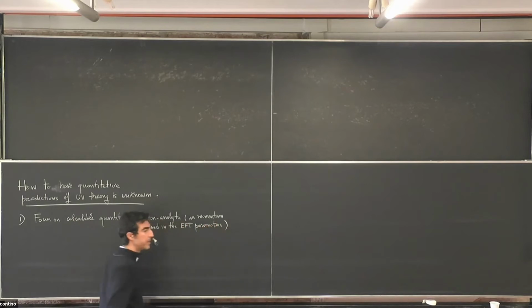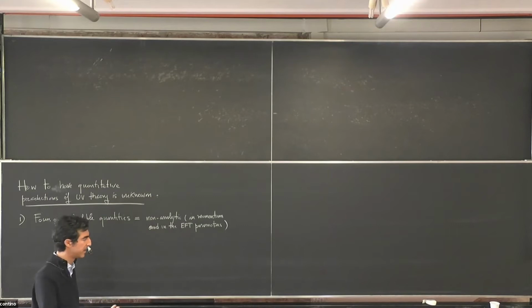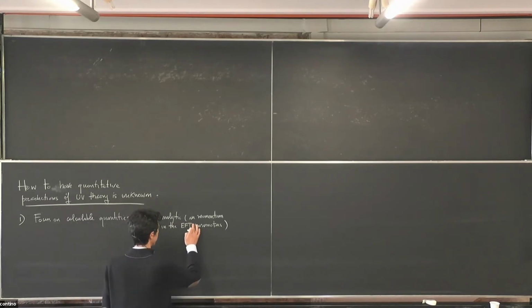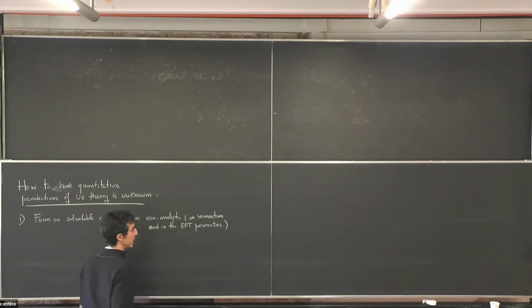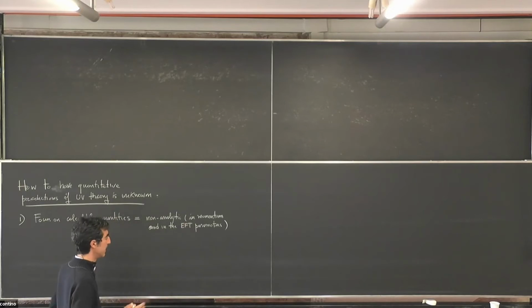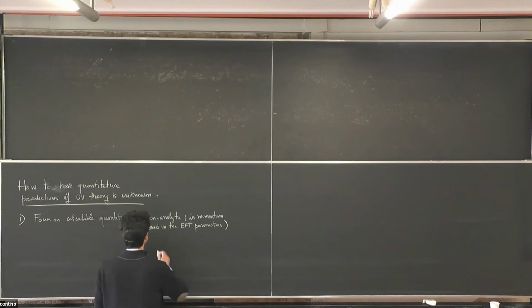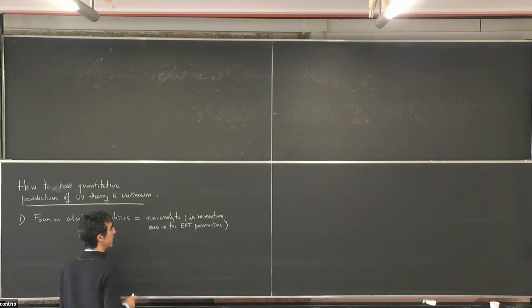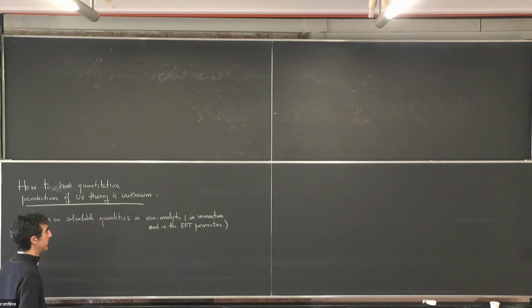Parameters which appear in the Lagrangian of the effective field theory, which again should not be the coefficients, of course, which are unknown, but all the others: parameters which appear, masses and couplings which are in the renormalizable part. I mean, those which are known. So non-analytic in momentum and in effective parameters are quantities which are calculable. They do not depend on the UV theory, on the UV dynamics.